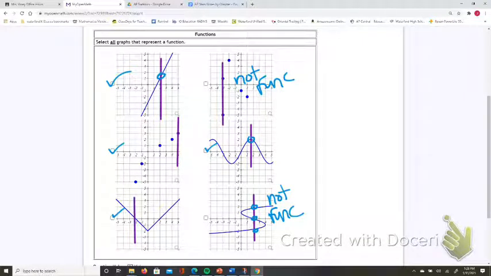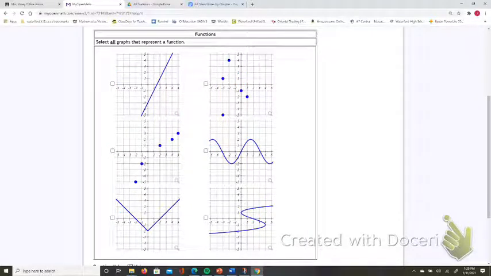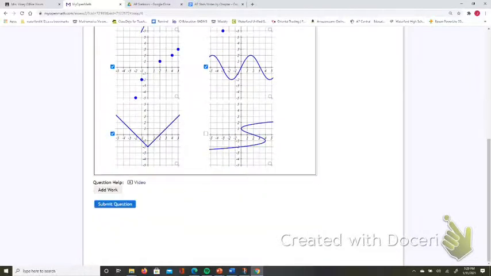So I'm hoping that on the left side, you got the first three, all of them are functions, and on the right, just the one in the middle is a function. So function, function, function, function, and submit.